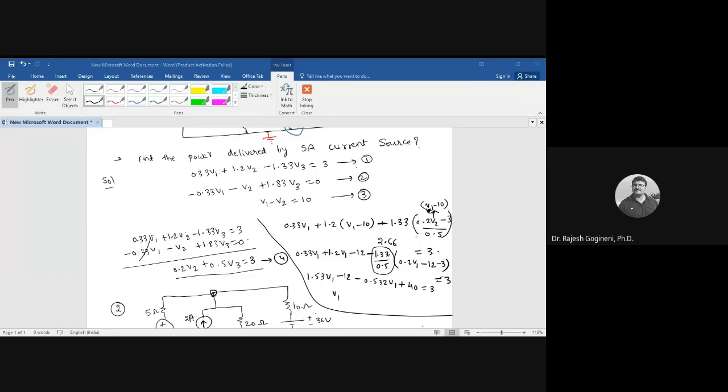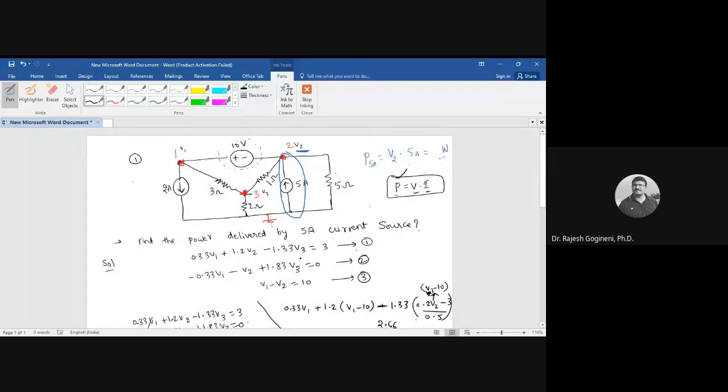Actually, let me check this problem. This is 2 amperes, 1.2, 5 amperes, 5 ohms, 2 ohms, 1 ohm, and 3 ohms.